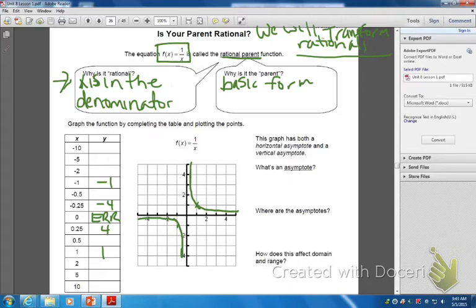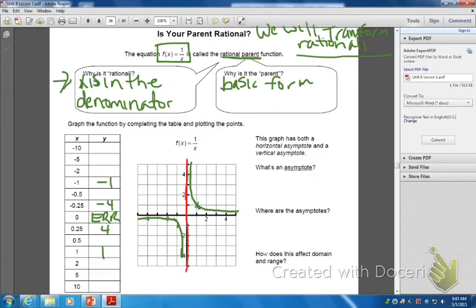Where does x always equal 0 on the coordinate plane? Yes, in the origin, but where else? Which axis, Peter? The x-axis or the y-axis? What's the coordinates of this point right here? 0, negative 4. What's the coordinates of this point? 0. So y-axis. Okay, so we're going to draw that in as our asymptote.